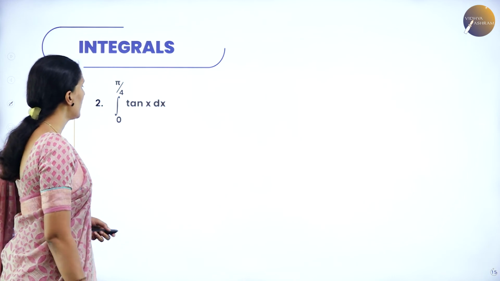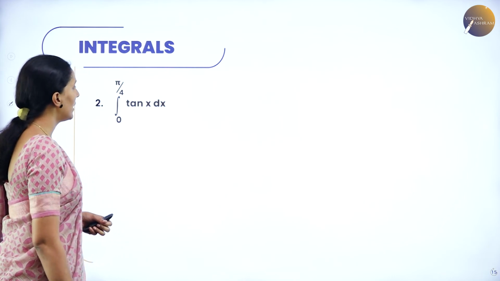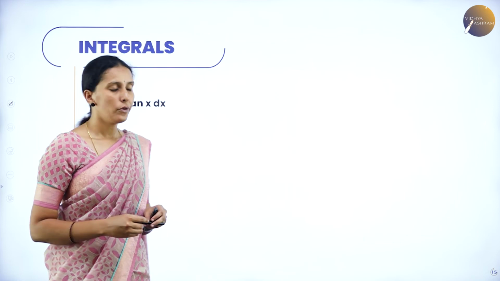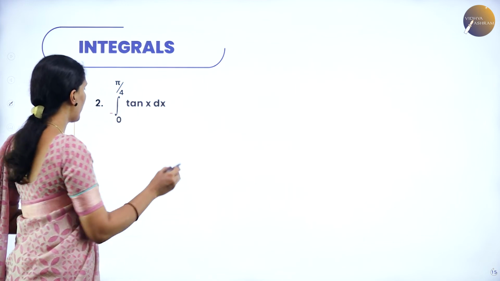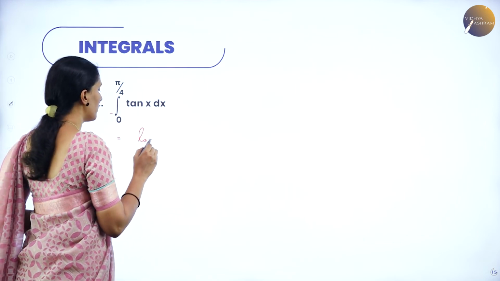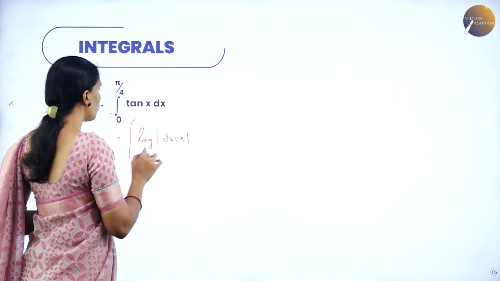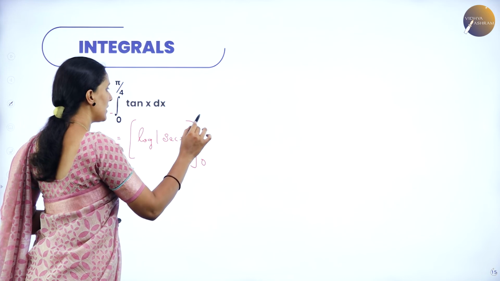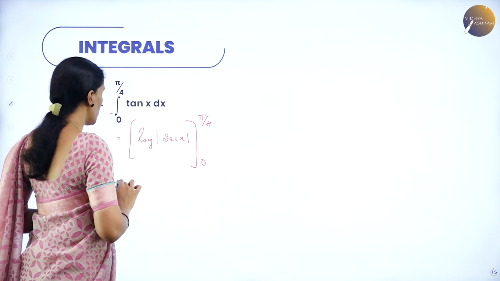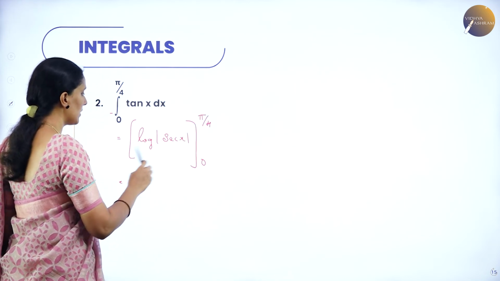Next one, 0 to pi by 4 tan x dx. So we know that the integral of tan x is log of secant x. Now we need to find out the value at 0 as well as pi by 4. So what does the fundamental theorem say?